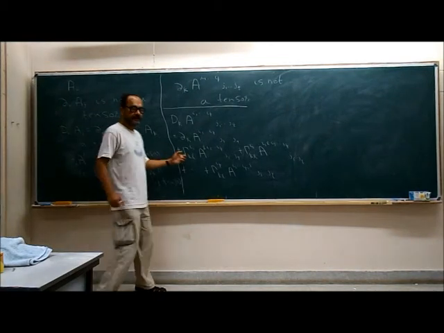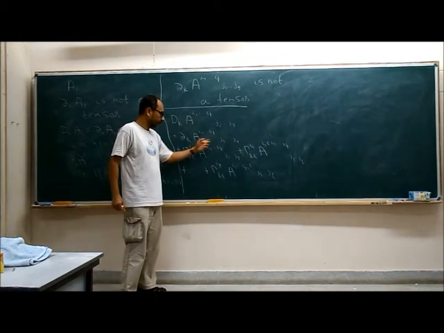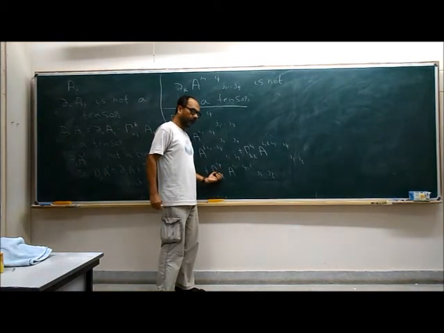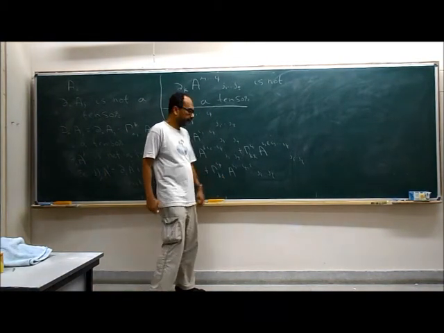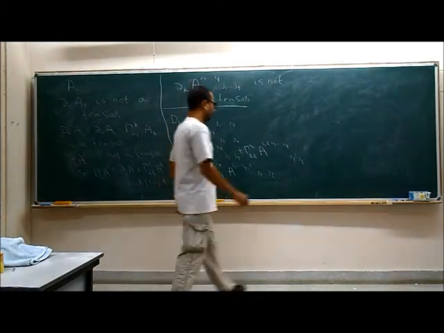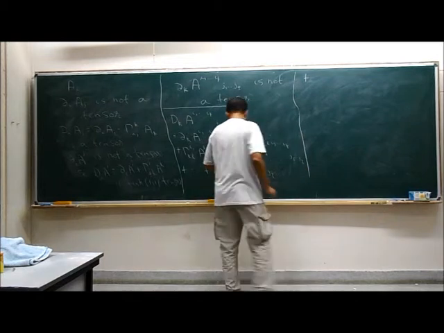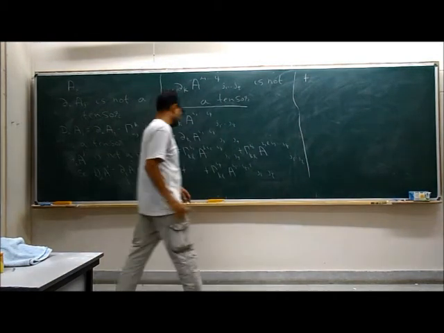So is this rule clear? Right? So you apply one by one. Take each index and you covariantize it by using this gamma. And then you have to do it for the lower indices. But this time you will have minus.